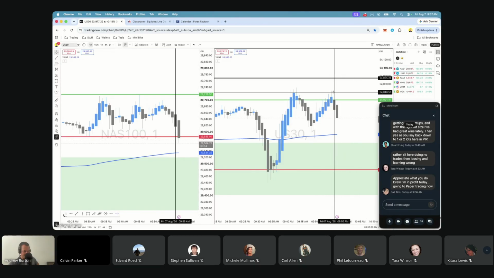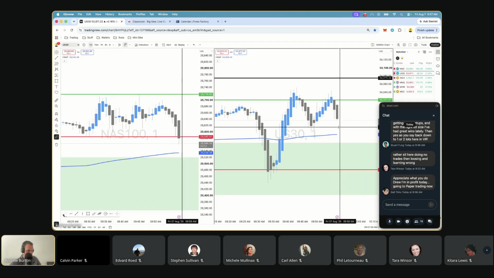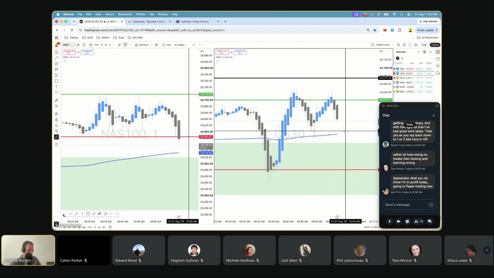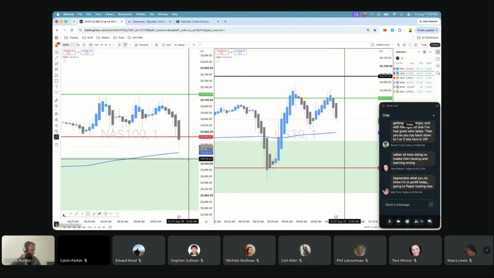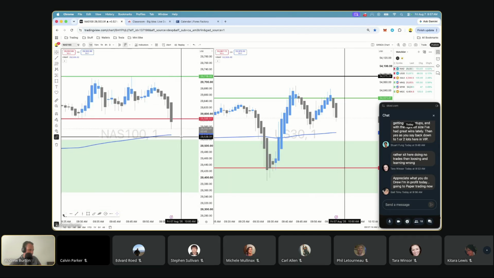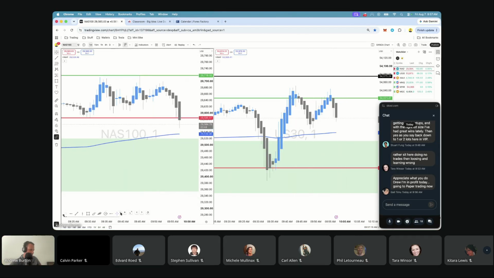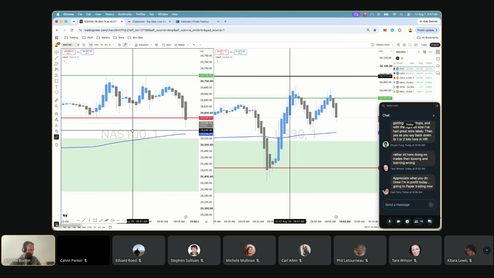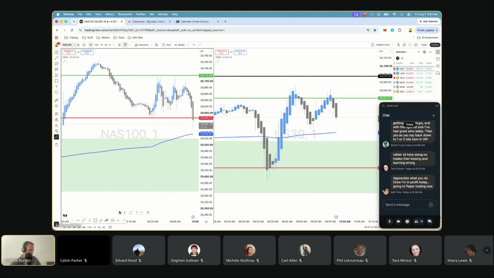And yeah, see, this didn't even give us an entry. Now it's like, who knows? Maybe it's just going to range here. Nasdaq, I don't know, guys. Is this going to give us an entry, or is it just going to be a liquidity sweep or a bounce off the VWAP?